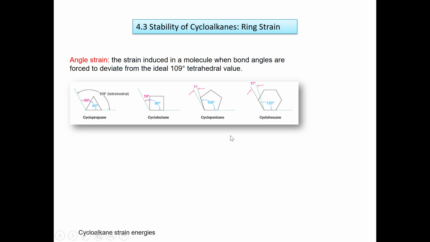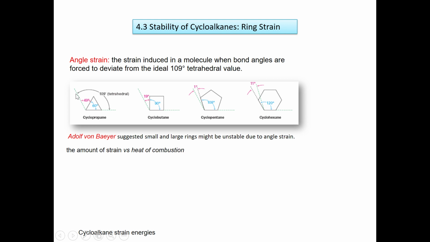That means that in all the examples that we saw, when we have small rings from 3 to 6, we have a deviation of the angle. Adolf von Baeyer, our friend, suggested small and large rings might be unstable due to angle strain. Obviously, if the normal angle is 109 and we are using 60, this poor angle will have some strain.